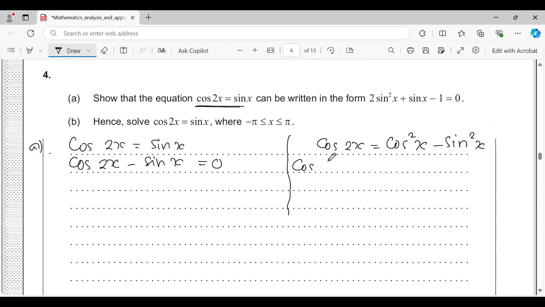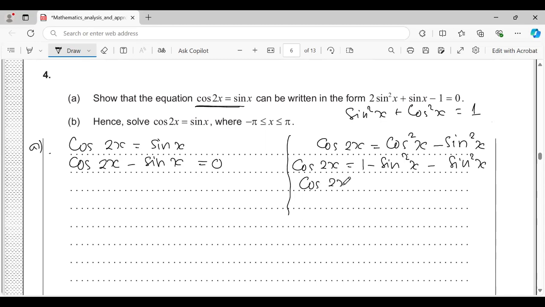So we can write like this: cosine squared x equals 1 minus sine squared x. Recall that sine squared x plus cosine squared x equals 1. So cosine squared x equals 1 minus sine squared x.